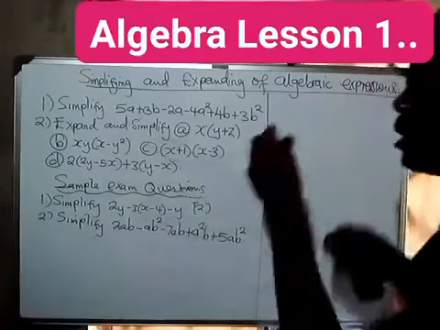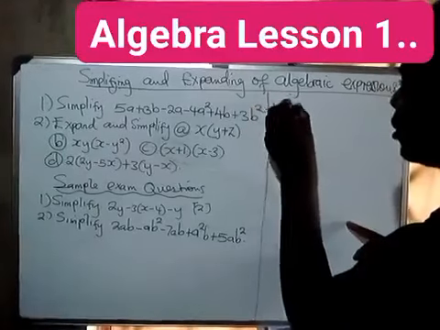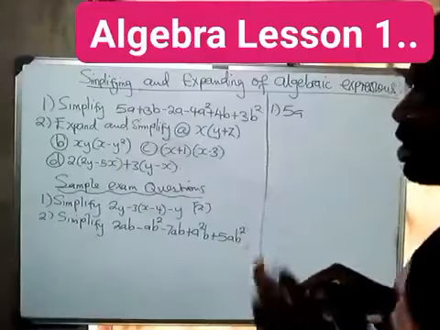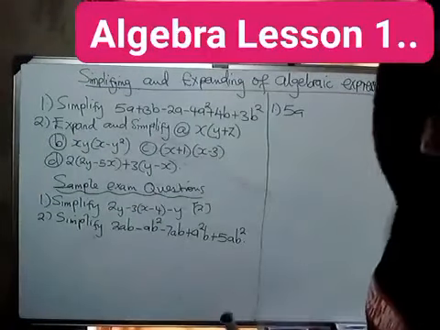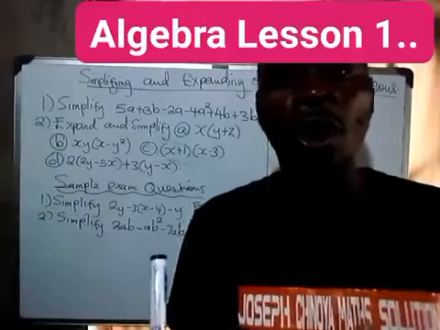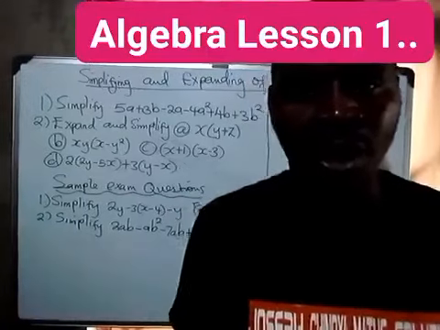So let's look at the first question, number 1. We have 5a. Which other term is a like term to 5a? A like term, we said, must have the same variable, or the same variable must have been raised to the same power.